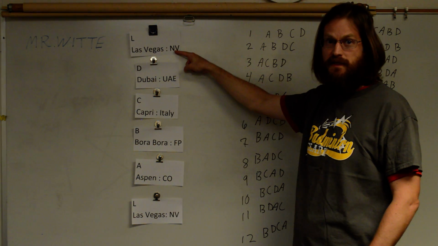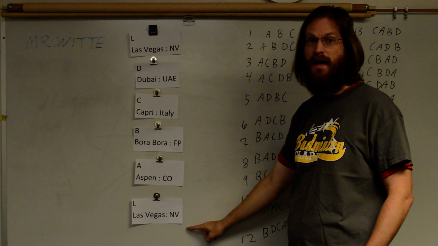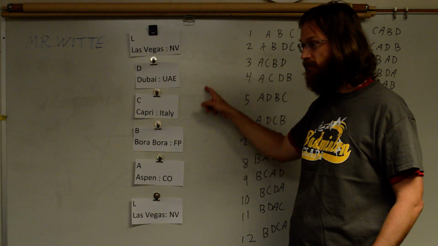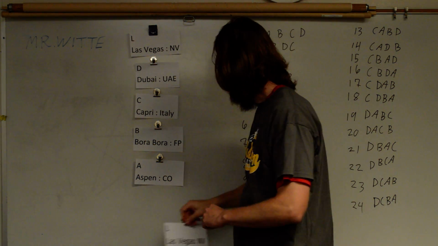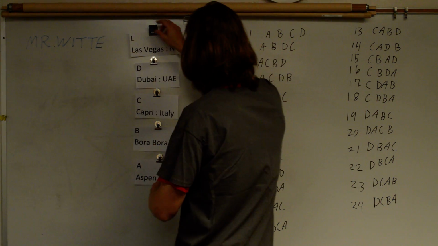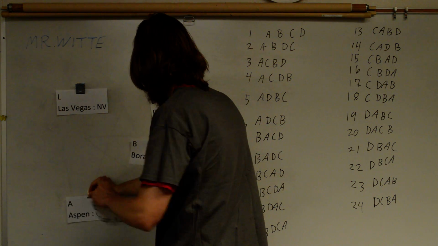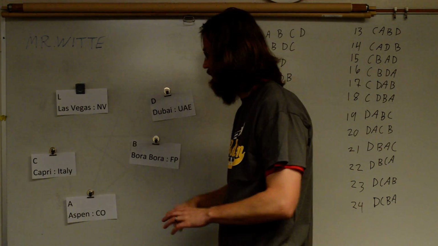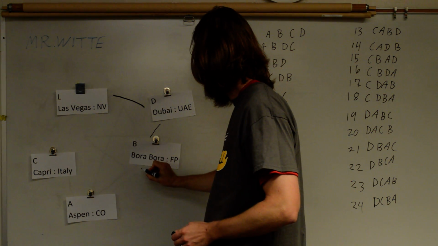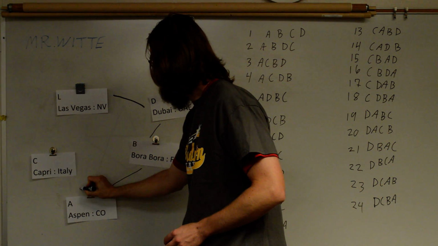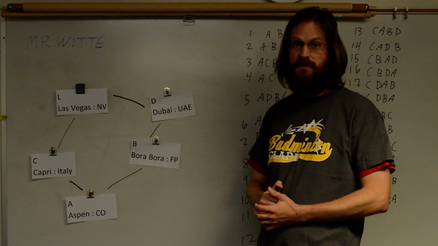We're starting in Las Vegas, then going to Dubai, Capri, Bora Bora, Aspen, and then back home to Las Vegas. So remember, we have to complete a circuit. So this L is technically the same as this L. So we can kind of get rid of him and put these more in a circle if you like.